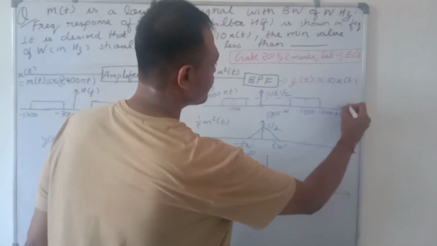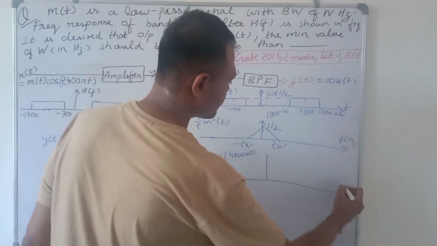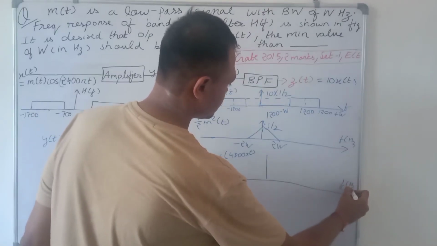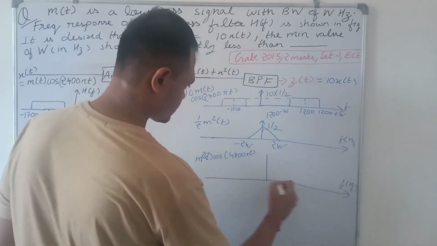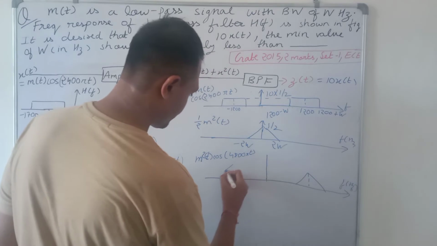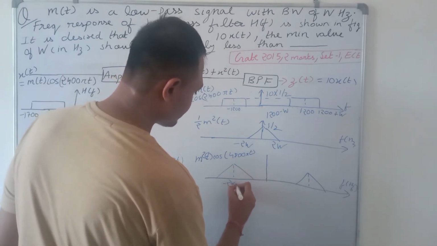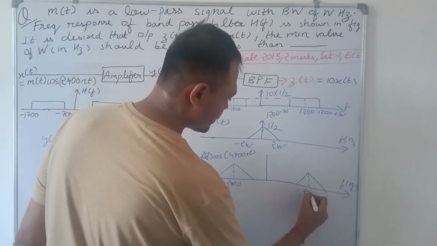So all these frequencies are in hertz. This frequency is also in hertz. This frequency is also in hertz. So this is minus 2400, this is plus 2400.